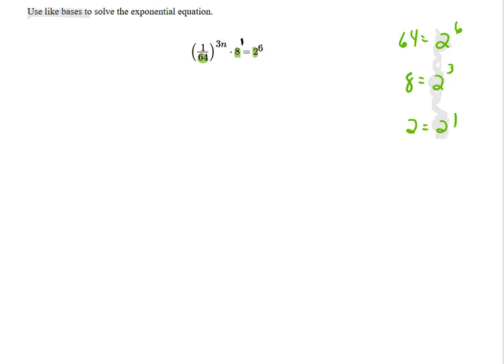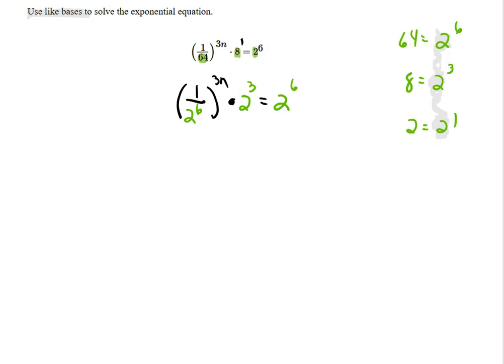So I'm going to go in here and I'm going to change this to, instead of 1 over 64, I'm going to make this a 2 to the 6th. And instead of the 8, I'm going to make that a 2 to the 3rd, and then of course this is a 2 to the 6th.